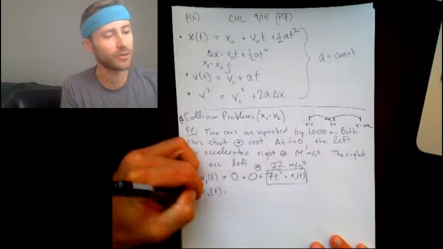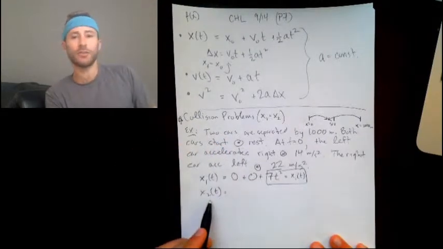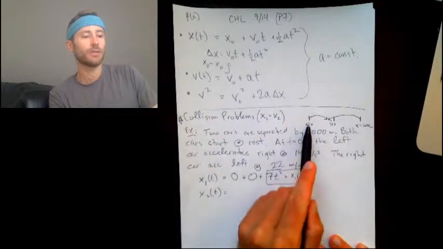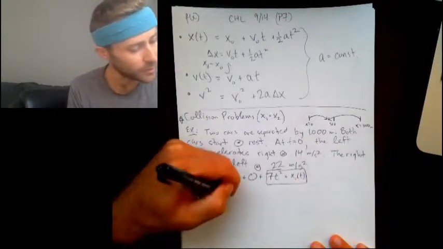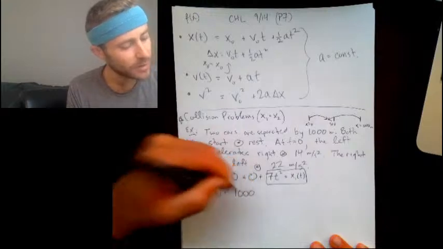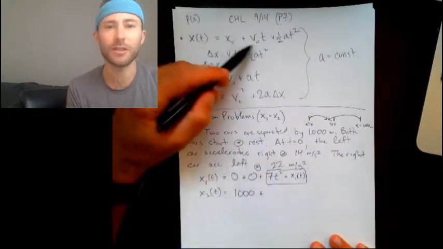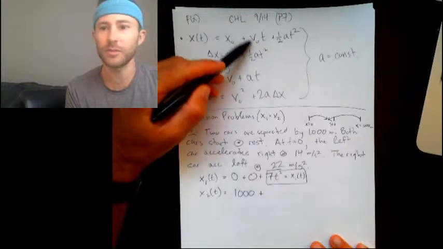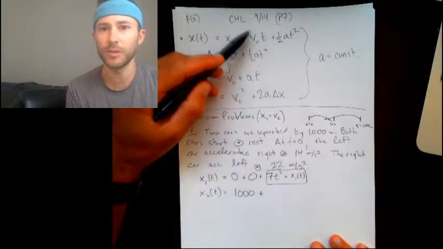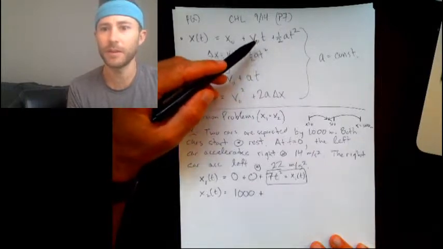Now let's figure out x2 of t. Now x2 does not start at the origin because the second car starts at position 1,000 meters. So my x naught is 1,000. It also has no initial velocity, so that initial velocity term is going to be 0.